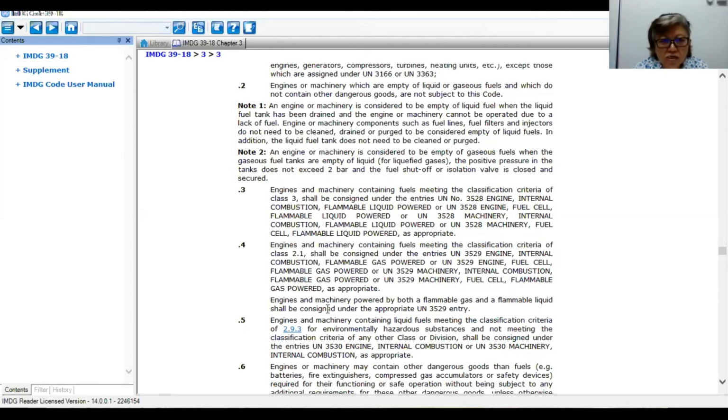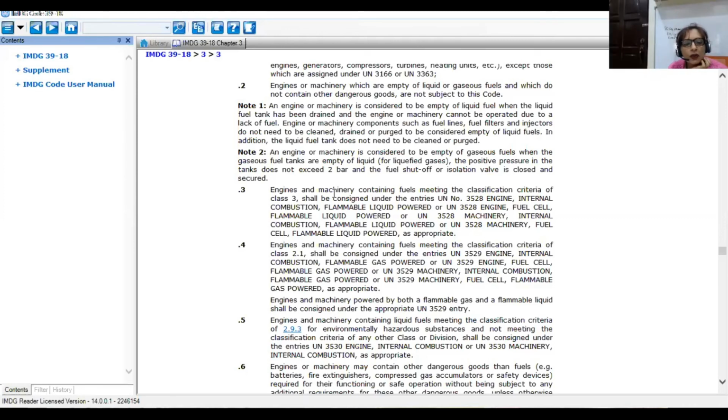Engine or machinery components such as fuel lines and fuel filters do not need to be cleaned, drained, or purged to be considered as empty. And the fuel tank does not need to be cleaned or purged. So if you think about it, if you go to class 3, it just says it can go to either one of those classes. Yeah.